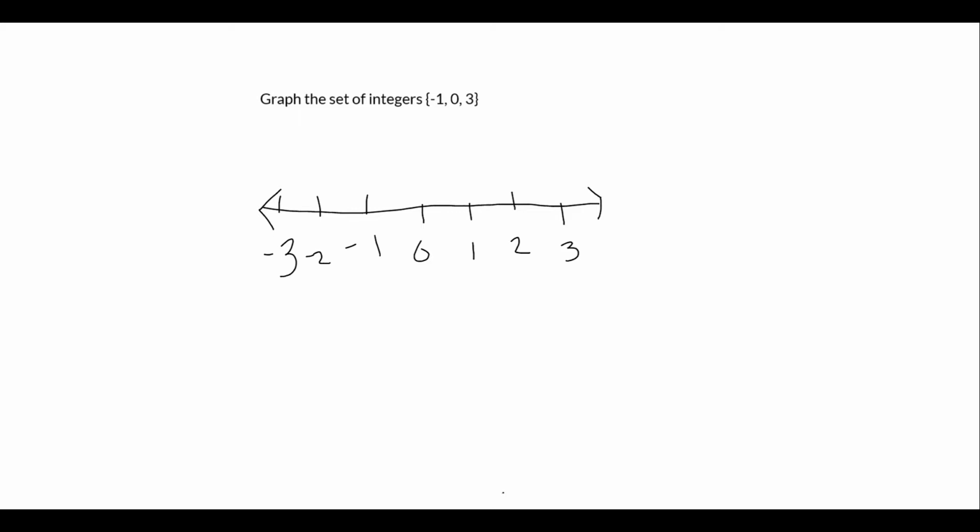So first we're going to graph -1. You go to -1 on the number line. Kind of hard to get a circle there, but pretend that's a circle. And that's graphing -1 on the number line. Let's graph 0. Same thing. And 3. Right there. Okay, so that is how you would graph a set of integers on a number line.